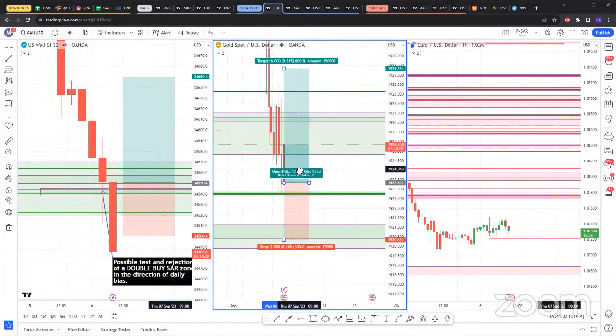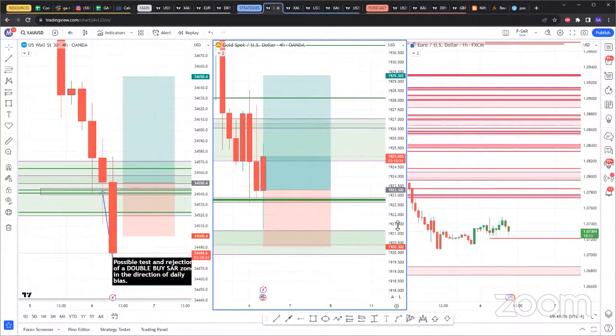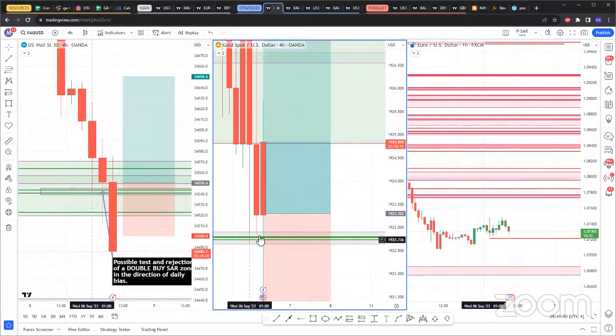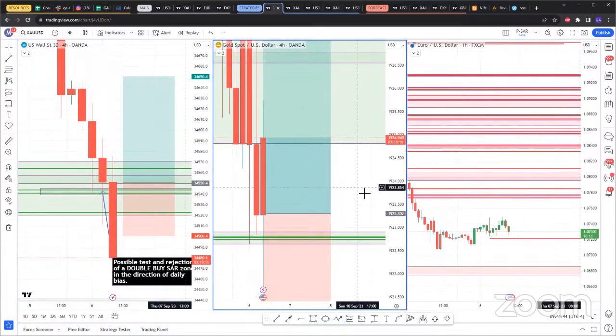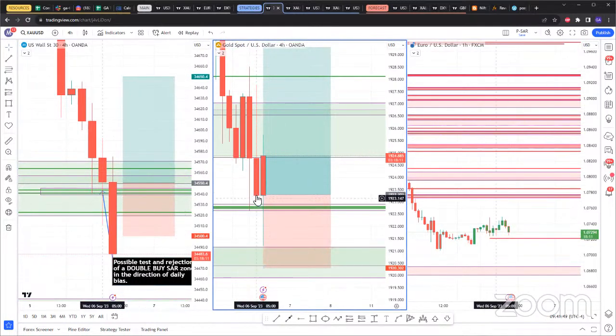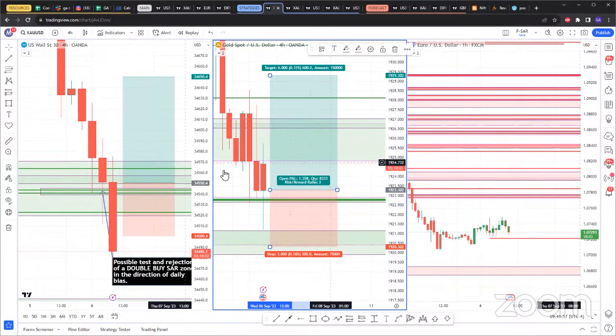Well, it depends on how you look at it, because the first one definitely tested. This one did not come exactly to that zone, but it almost tested it and it closed above. So ideally, that was the entry, but I would have wanted to see the rejection candle test that zone as well. That would have been another entry on gold, but unfortunately I missed that.